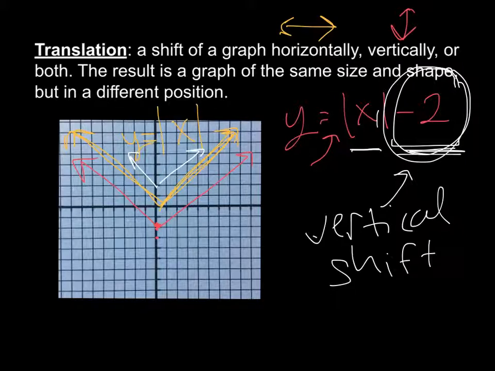So let's look at what affects a horizontal shift. Here's y equals the absolute value of x. What if I want to graph y equals the absolute value of x plus 2? Here my 2 is inside the absolute value sign. If it's inside the absolute value sign, this is what the graph looks like.